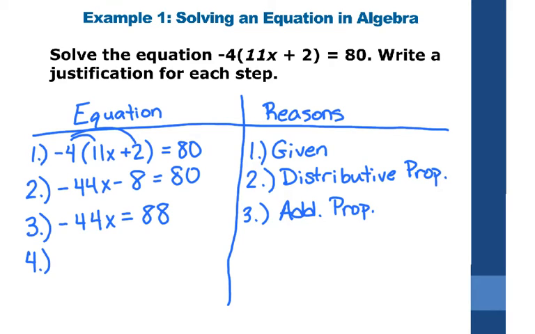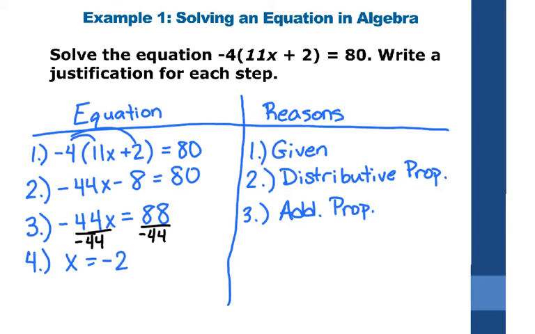Step number 4, what I'm going to do next is divide both sides by that 44. I'm going to kind of do it right here. Divide both sides by negative 44. And this is what we get. We get x all by itself, and it is equal to negative 2.